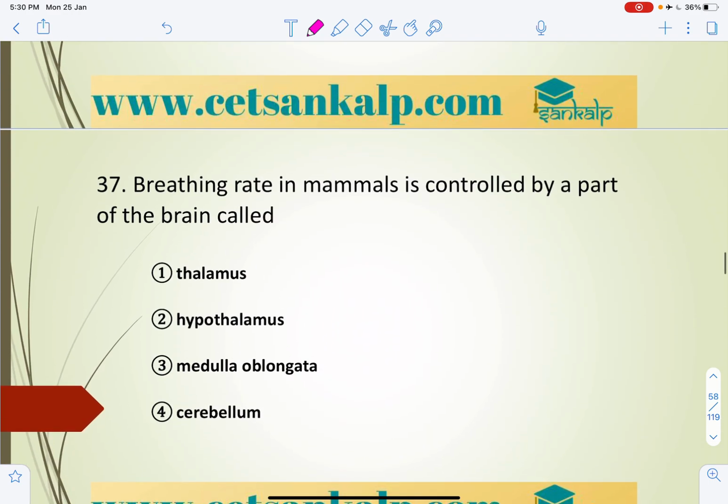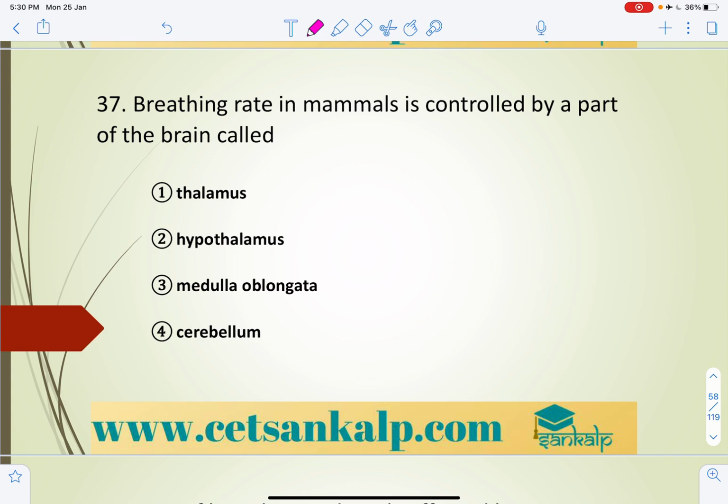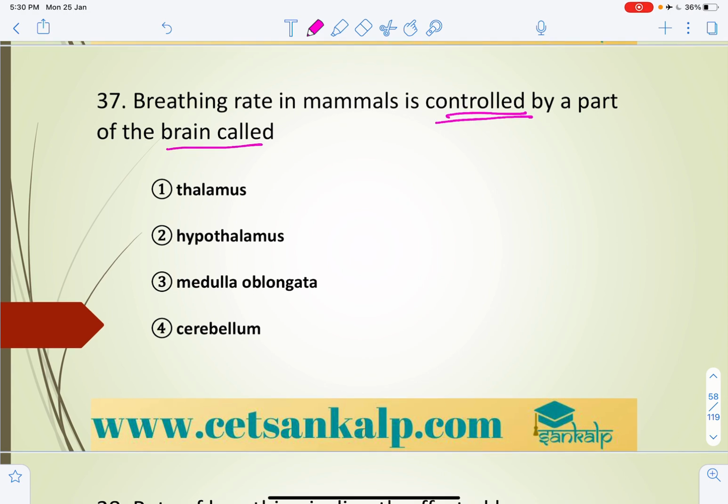Next, breathing rate in mammals is controlled by a part of the brain, the respiratory rhythmic center, present in the medulla oblongata. The hypothalamus and thalamus we're going to study in neural control and coordination, where the majority of functions are done by the hypothalamus.